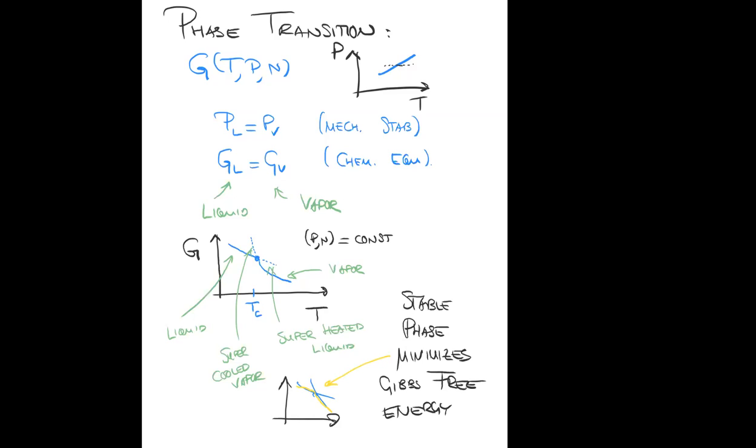So one of the things we see from this is, again, I go back to the plot. So our plot was Gibbs free energy as a function of temperature. And the Gibbs free energy itself didn't jump, but the slope does.